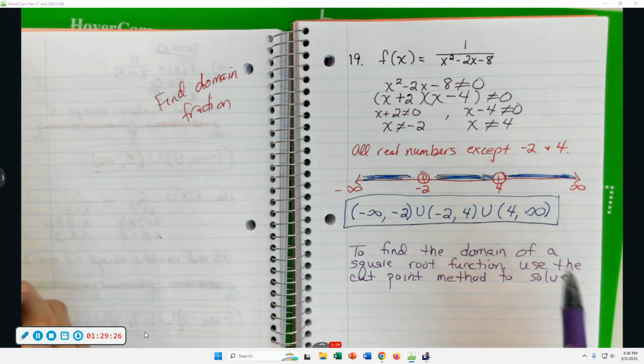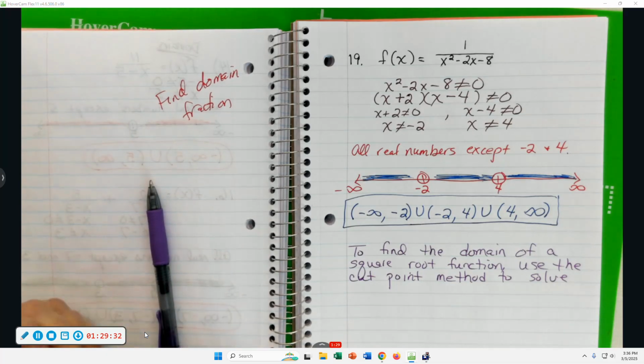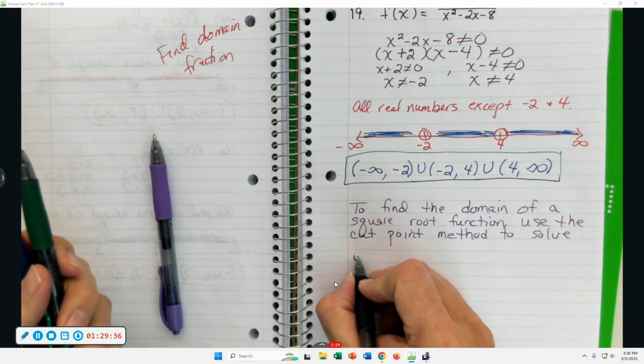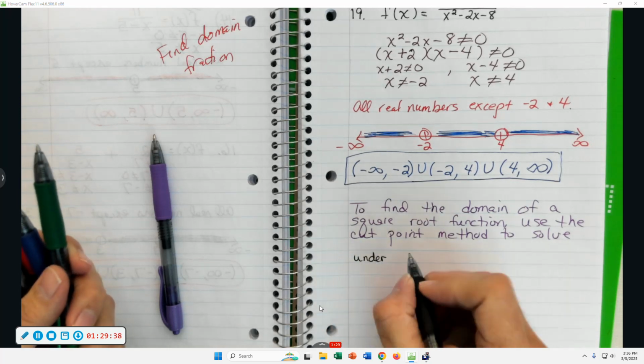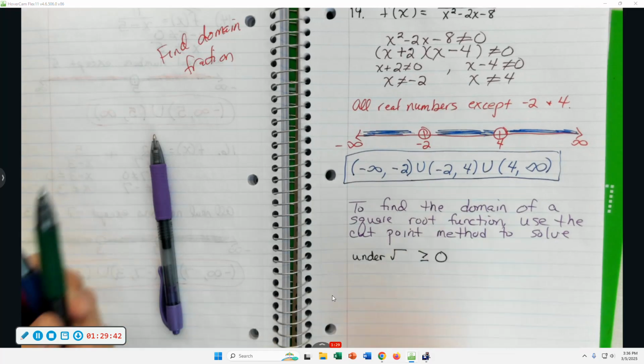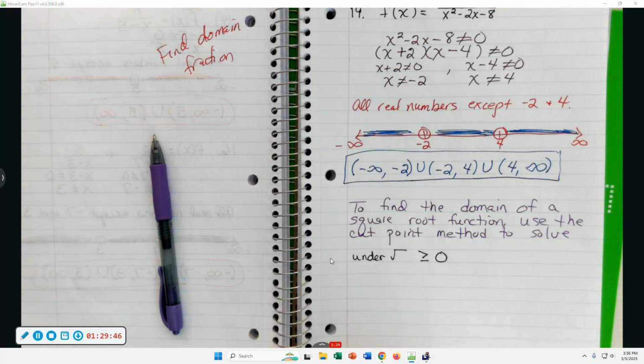We said we can't have negative numbers under the square root symbol. So you're going to take this radicand, that's the stuff under the square root, set it greater than or equal to 0, and then use that cut point method.